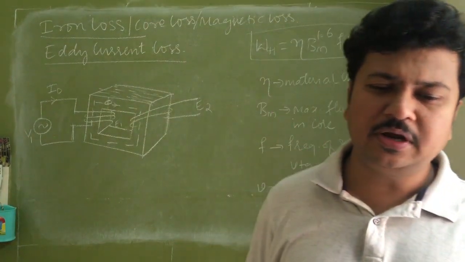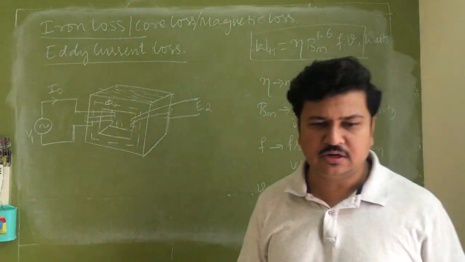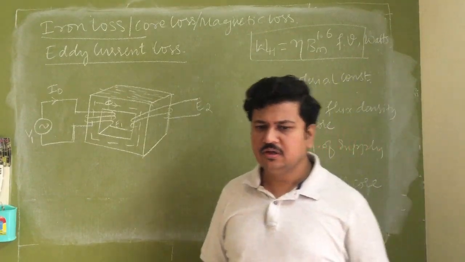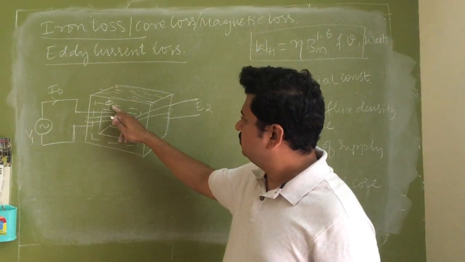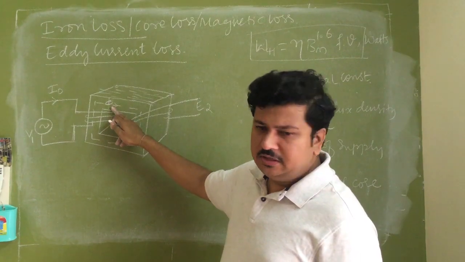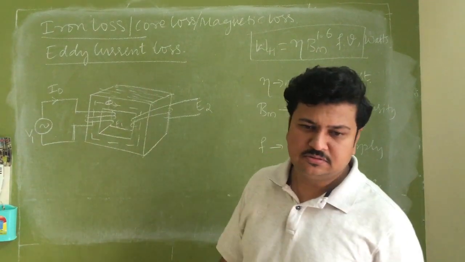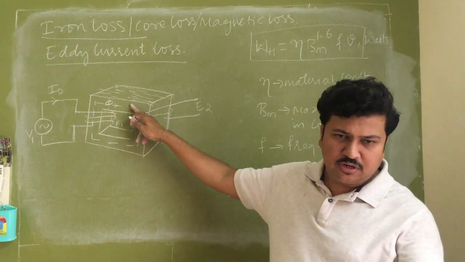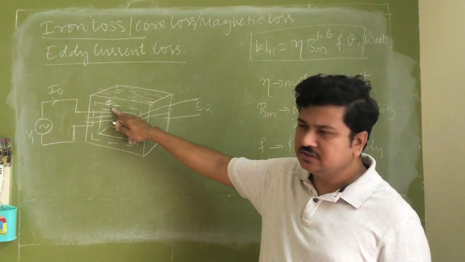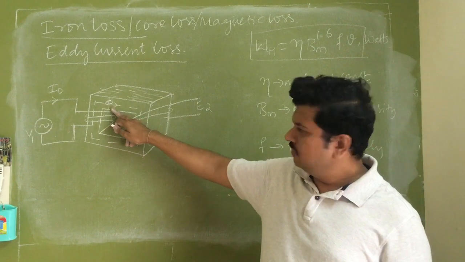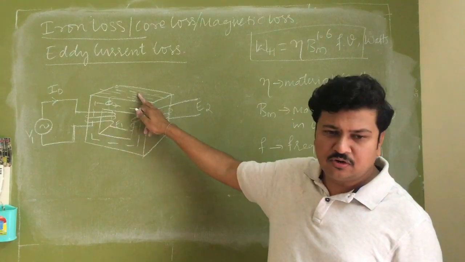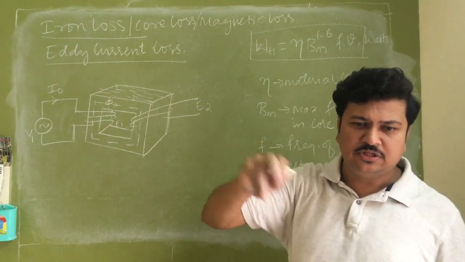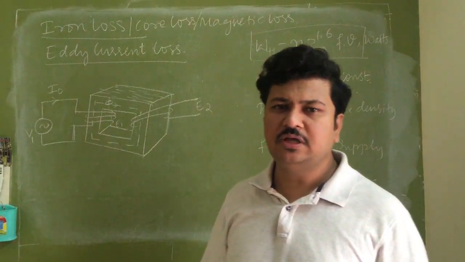Iron parts are good conductors of electricity. So now this flux phi is linking the iron part. Therefore, there is an EMF induced in the core also. Because the flux is alternating, the changing flux linking the core induces an EMF in the core. That we call eddy EMF.